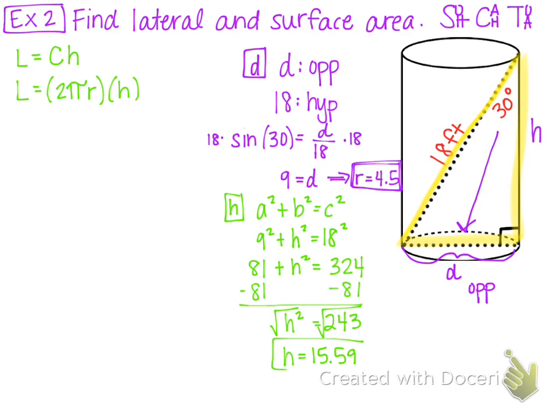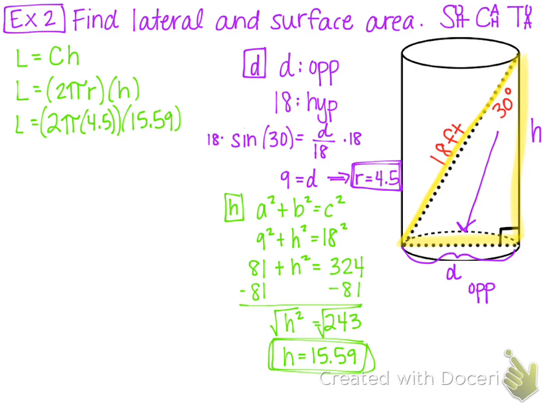Now we need to use that also for the formula. Now we've got our R and our H, so we can plug in. The lateral is equal to 2 times pi times our R, which is 4.5, times our height, which is 15.59.